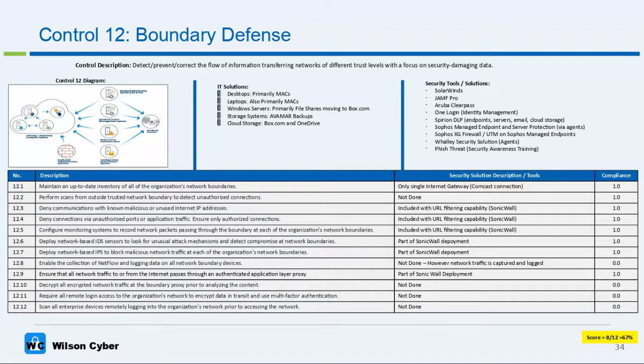deploy network-based IDS sensors to look for unusual attack mechanisms and detect compromise at network boundaries, deploy network-based IPS to block malicious traffic at each of the organization's network boundaries, enable the collection of NetFlow and logging data on all network devices, ensure all network traffic to or from the internet passes through an authenticated application layer proxy, decrypt all encrypted network traffic at the boundary proxy prior to analyzing the content, require all remote login access to the organization's networks to encrypt data in transit and use multi-factor authentication, and scan all enterprise devices remotely logging into the network prior to accessing the network.